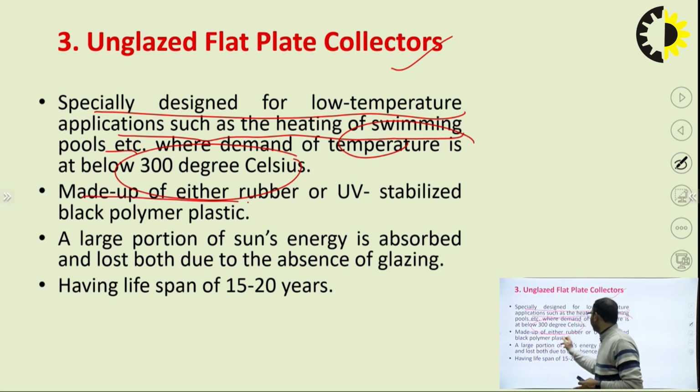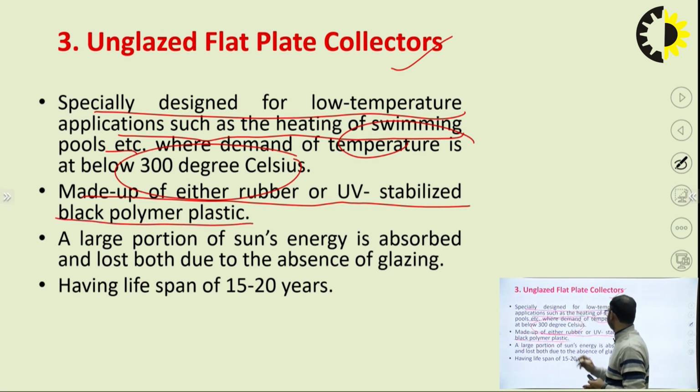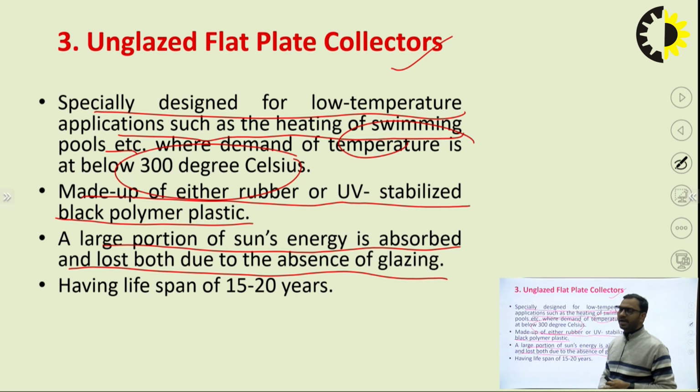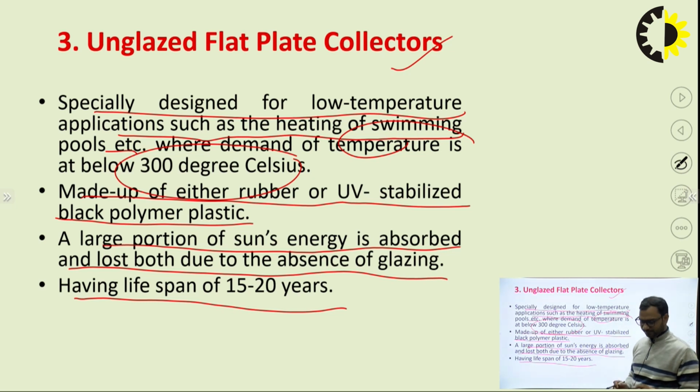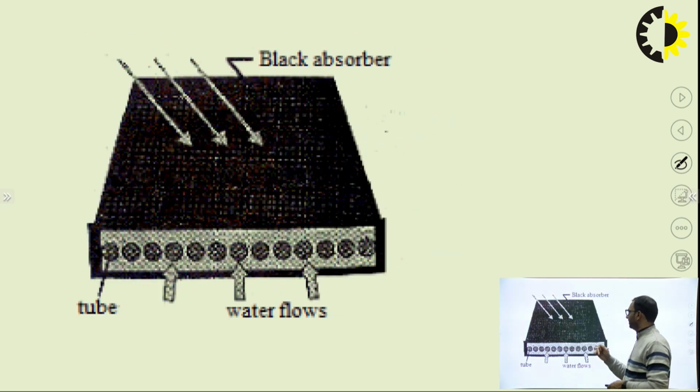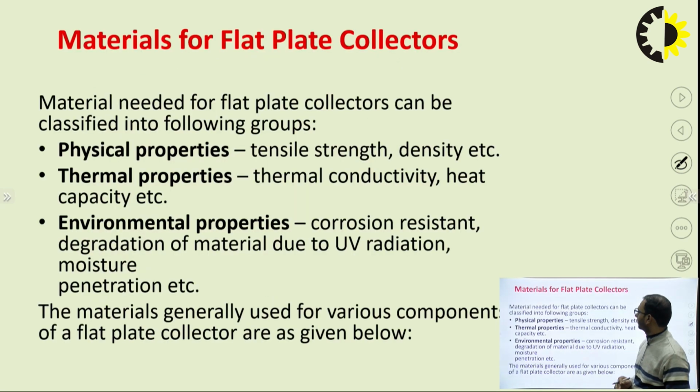Made up of either rubber or UV stabilized black polymer plastic. A large portion of sun's energy is absorbed and lost due to the absence of glazing. This type of collectors having lifespan of 15 to 20 years. This is the schematic representation of unglazed type flat plate collectors.